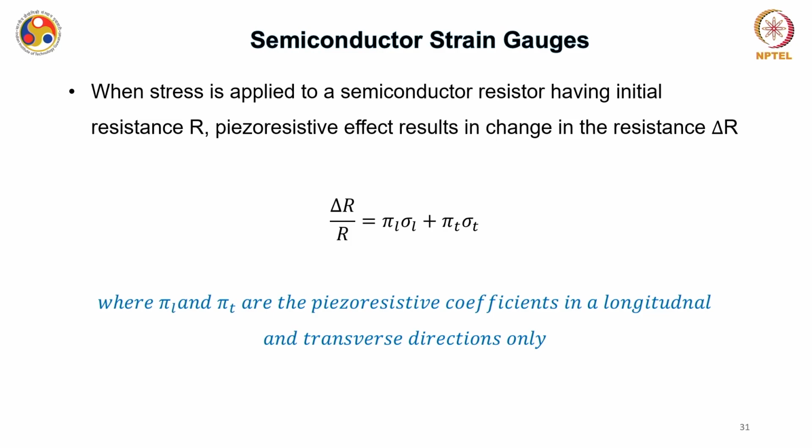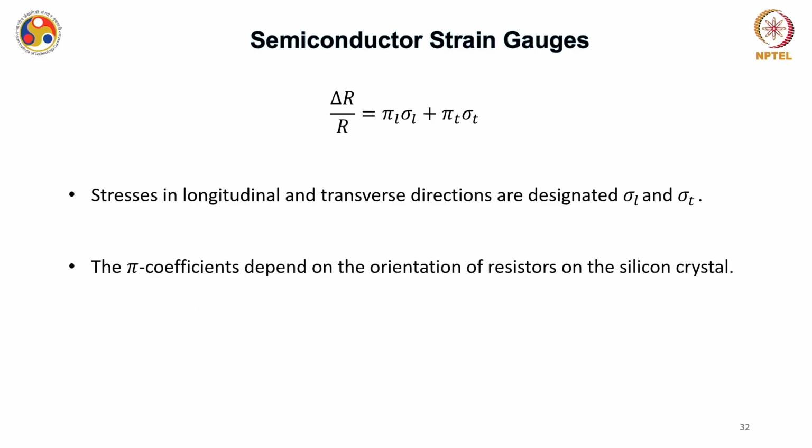So when stress is applied to a semiconductor resistor having initial resistance R, the piezo-resistive effect results in a change in this resistance R as del R by R equals pi L into sigma L plus pi T into sigma T. In this equation, pi L and pi T are the piezo-resistive coefficients in the longitudinal and transverse directions, while sigma L and sigma T are the stresses in the longitudinal and transverse directions.